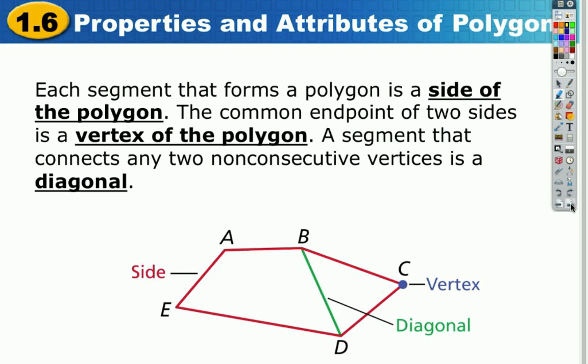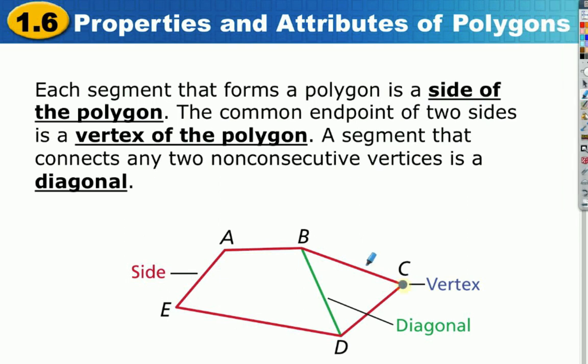But you may not have realized that each endpoint of the sides forms what is called a vertex. And when you refer to all of them, you refer to vertices. So you see this word vertices. So vertex, vertex, vertex, vertex, vertex. Here's an idea that you may not have known already, the idea of a diagonal.